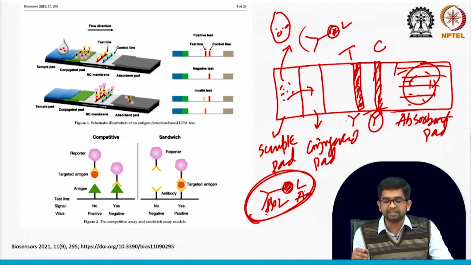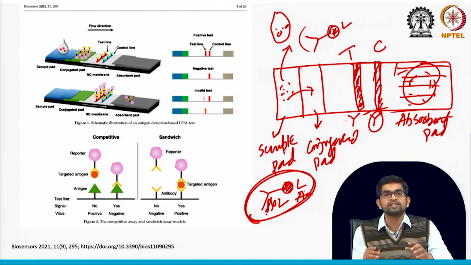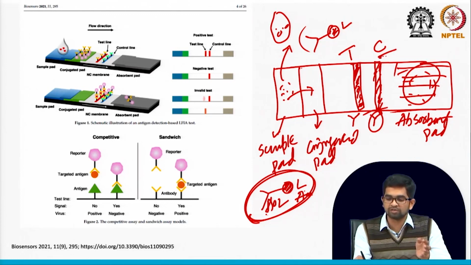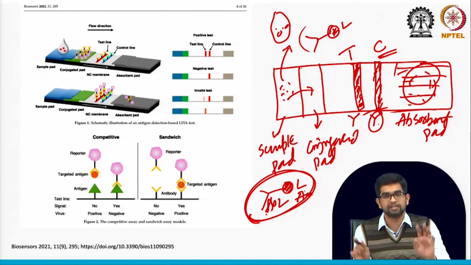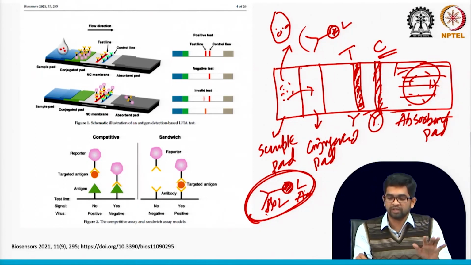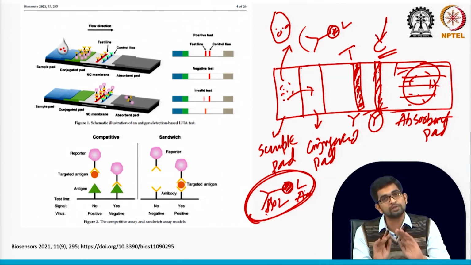This validates your strip, meaning it tells you whether the test is valid or not. If the control line is not showing color, it means your test strip is invalid and not working, so you cannot use this strip. If you get color in the control region, it means your strip is working fine.